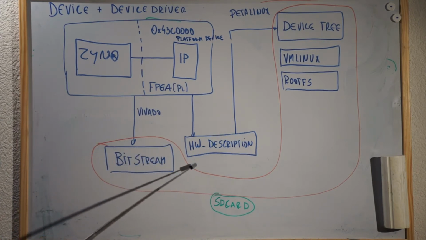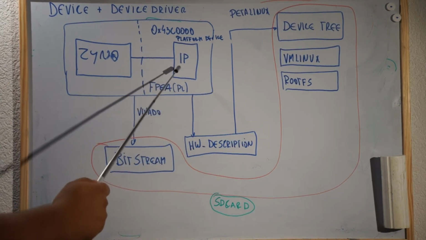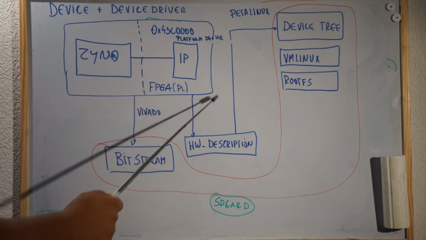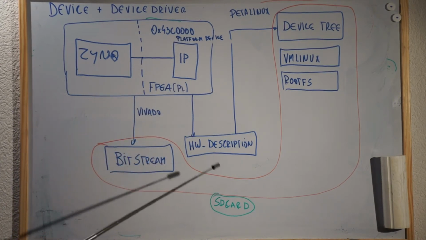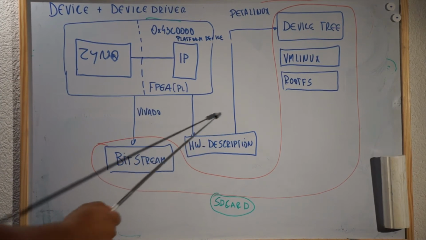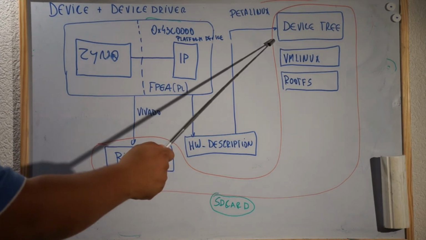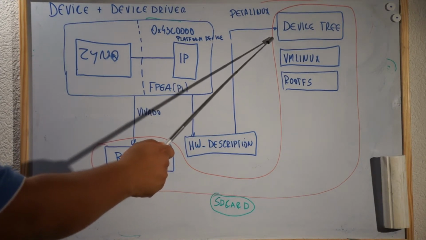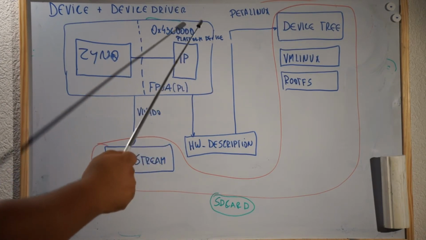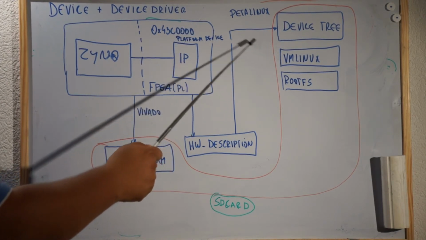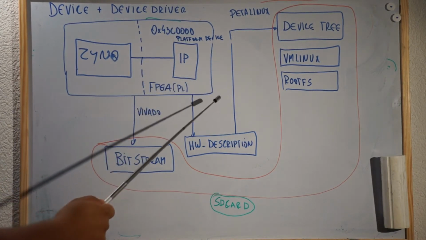Petalinux, besides creating the device driver skeleton of this IP core, is actually going to use this hardware description to create what we call a device tree, which is just a file, consider this as a file that is going to describe to the kernel what we have available in terms of platform devices.